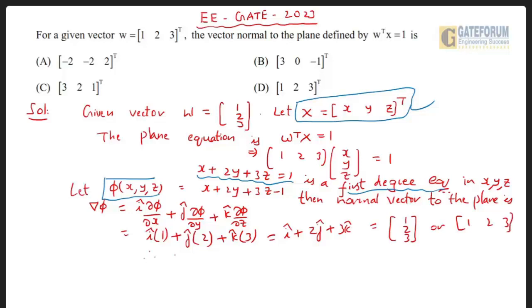Therefore, the required normal vector, or vector normal to the plane, is [1, 2, 3], that is [1, 2, 3] transpose. A column vector can be written as the transpose of a row vector. So accordingly, the option is D. This is the end of the question.